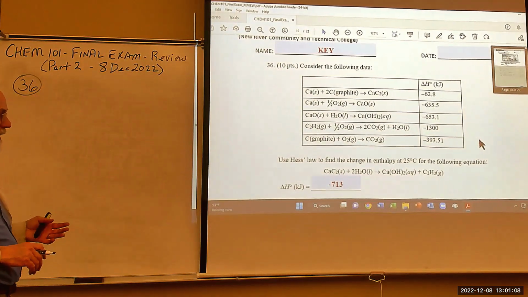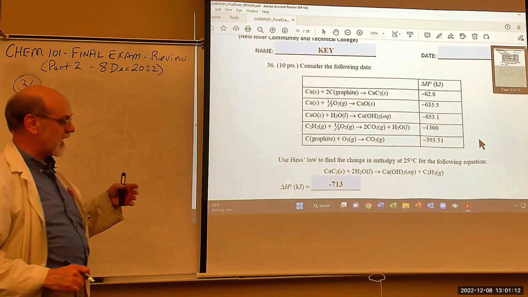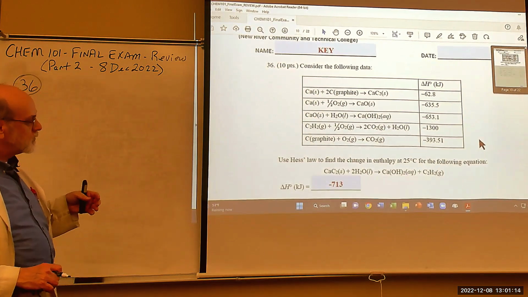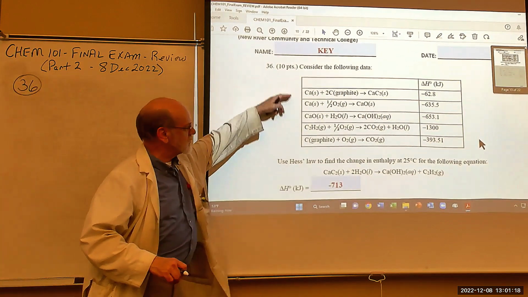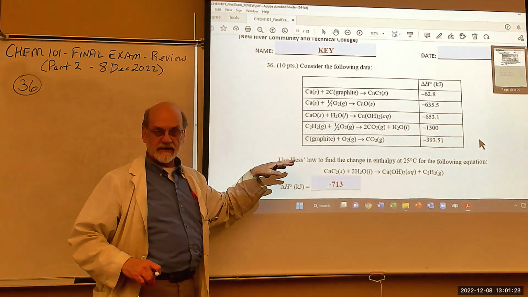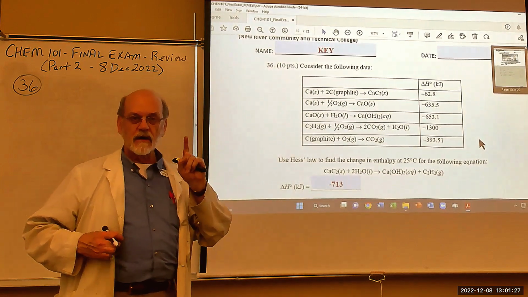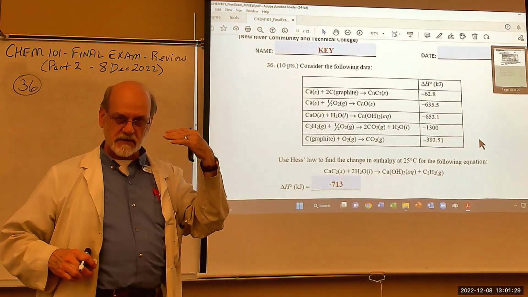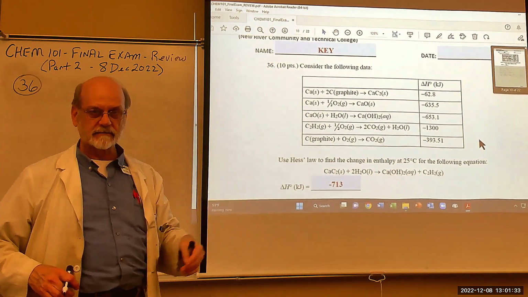And in order to get there and determine the enthalpy of this reaction, we have to add together any of these reactions that satisfy the addition to make this reaction. Remember, that's the first rule of Hess's law. All of the combining equations must add up to the target.